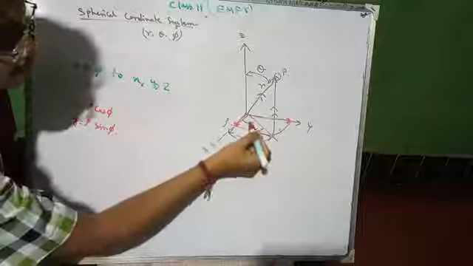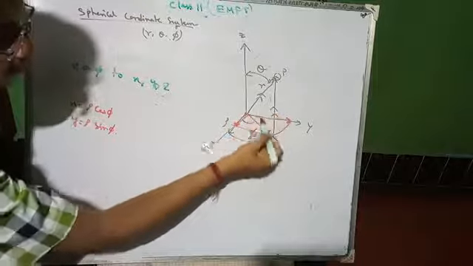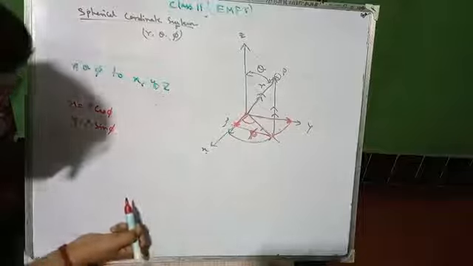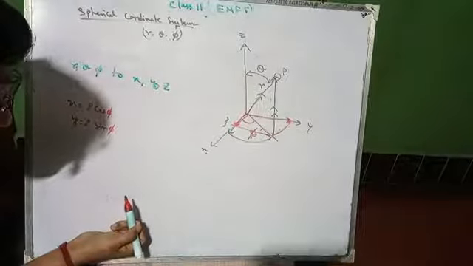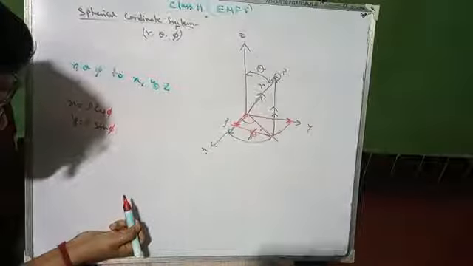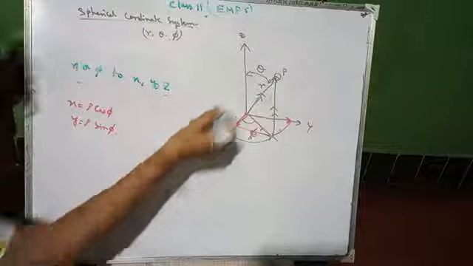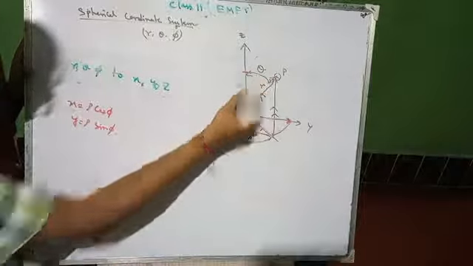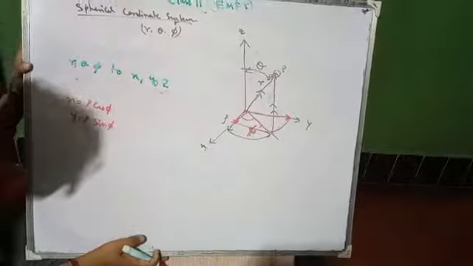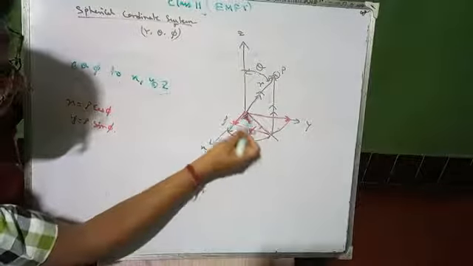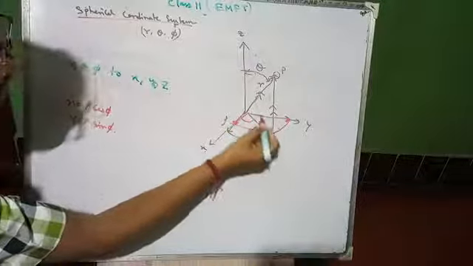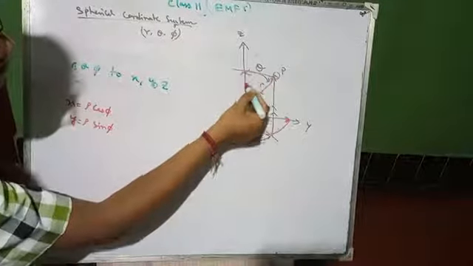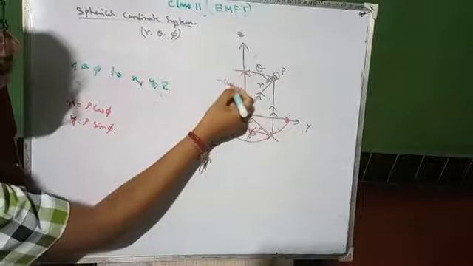Now this is your rho, this is your r. Here you can again find the direction and the length. This is rho and this is r. If we project over the z axis, this will be r cos theta.